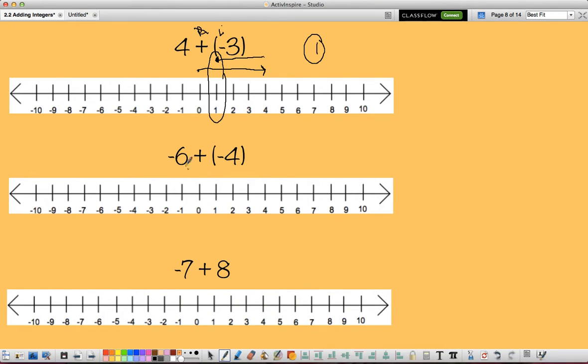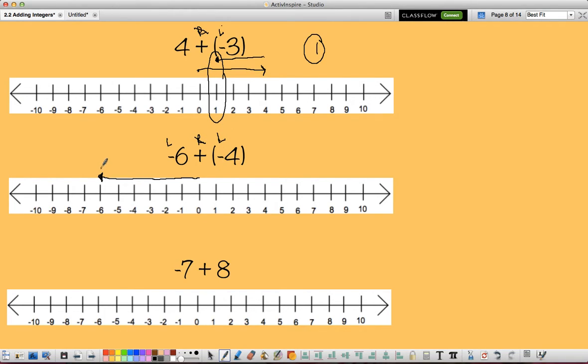All right, so here I have a negative 6, so the negative 6 tells me to go left, so I go left 6 spaces. Oops, and I started at the 1, so that would change my answer just a little bit. So I start at the 0, and I go 6 spaces, 5, 6. And then the plus sign tells me to go right, but then the negative says, nope, you're going left.